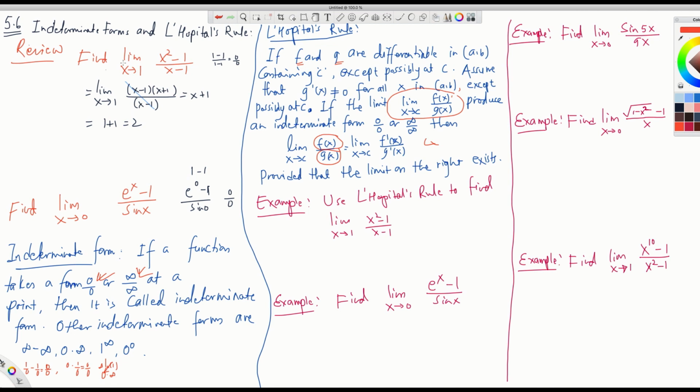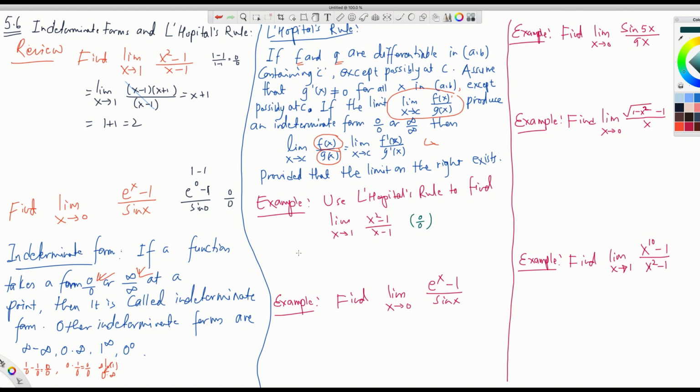Let us do exactly the same problem as the example we discussed. Use L'Hopital's rule to find the limit of this function. Let us plug in the limit directly. You get 1 squared minus 1 over 1 minus 1, which is 0 over 0, an indeterminate form.